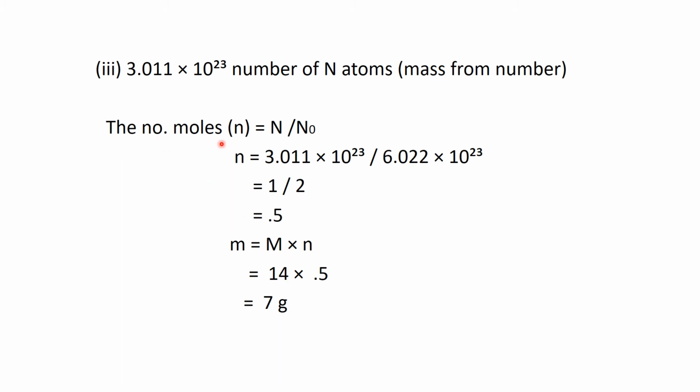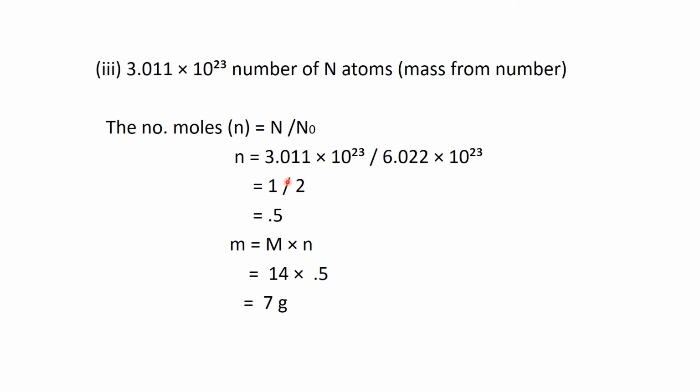So see, number of moles n is equal to given number of particles upon N0, that is the Avogadro number. So given number of particles is what here? This is 3.011 multiply 10 to the power 23. So this you will write upon 6.022 multiply 10 to the power 23. This is the Avogadro number.